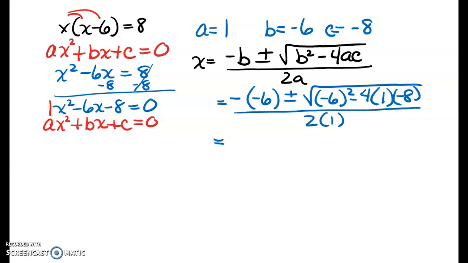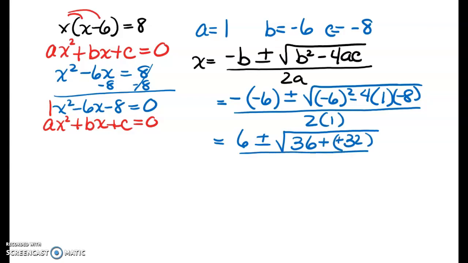When I reduce that, a negative times a negative is a positive 6. Negative 6 times a negative 6 is a 36 minus, what's 4 times 1? It's 4 times negative 8 is a negative 32. Okay, so that means that is going to turn into a positive, and 2 times 1 is 2.